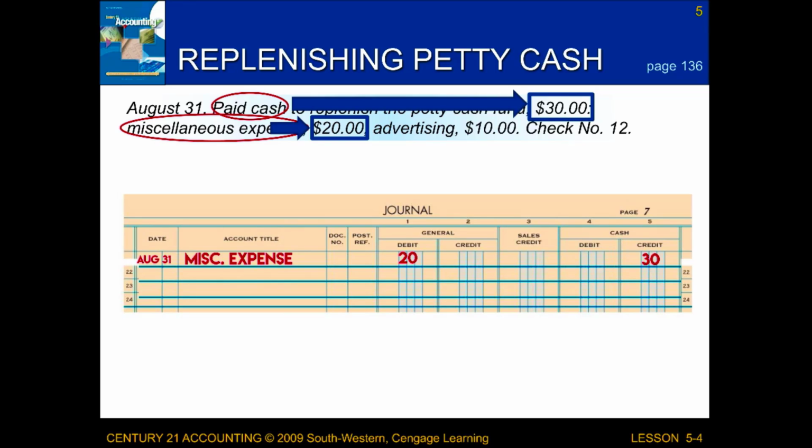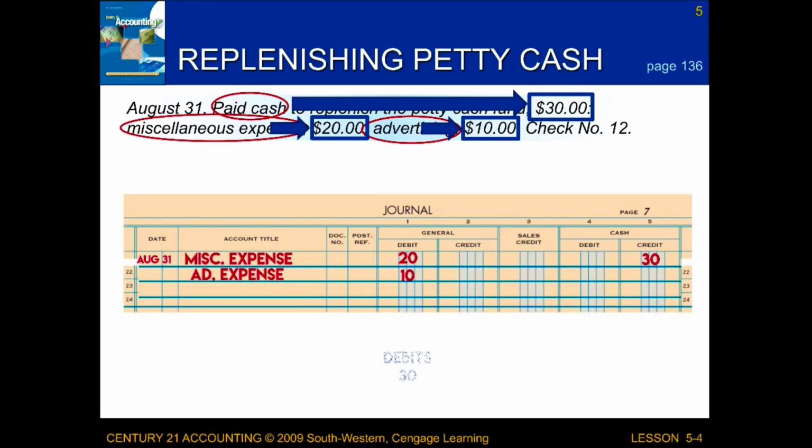Now, some of you are like, oh my gosh, debits aren't equaling credits right now. Whoa. Don't worry, we still have another account title in our transaction, and that is advertising. So right under miscellaneous expense, we're going to list advertising expense, and the corresponding amount to advertising was $10. Again, we had a credit, so this has to become a debit of $10.